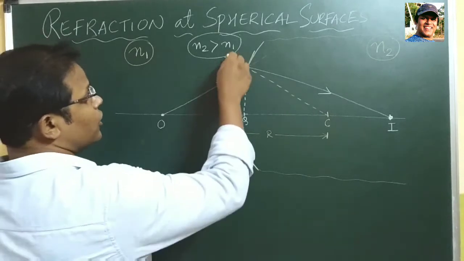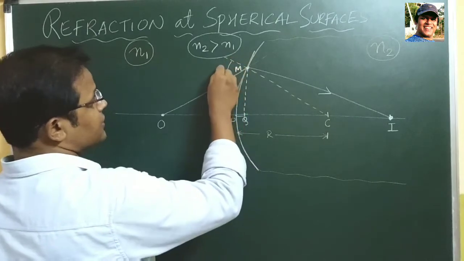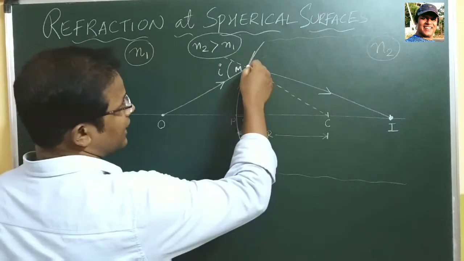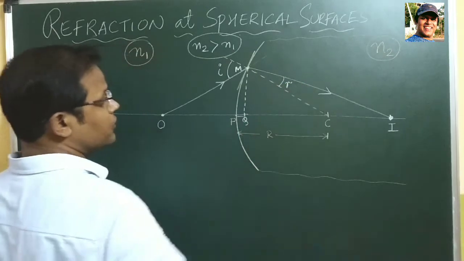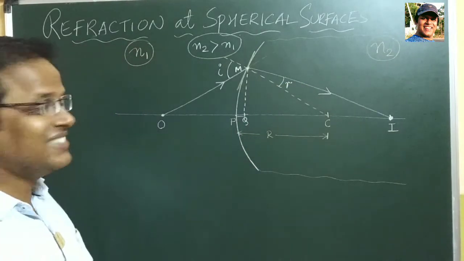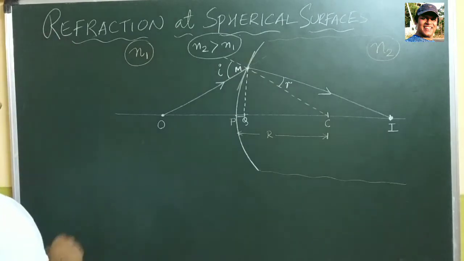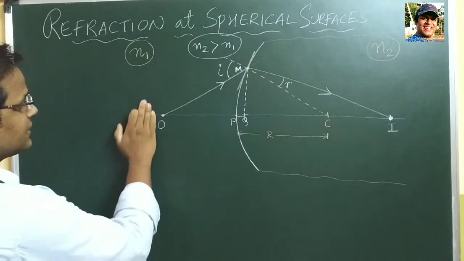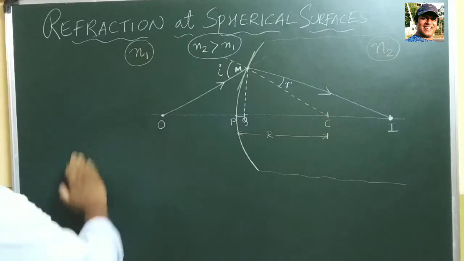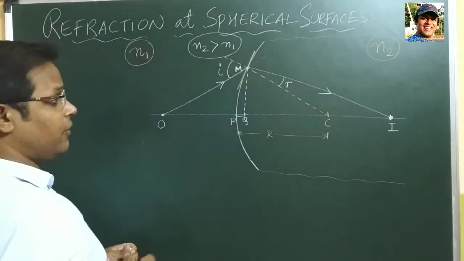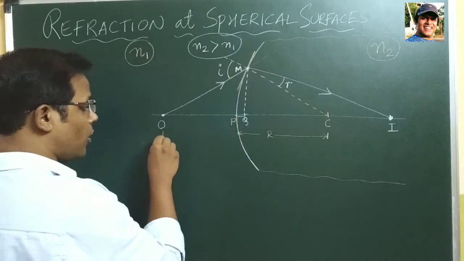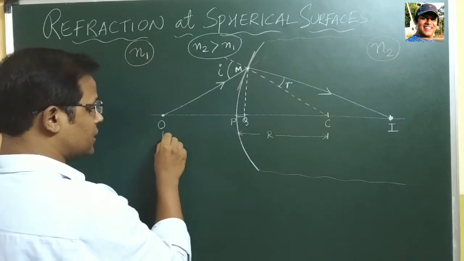The angle between the normal and the incident ray is our angle of incidence. The angle between the normal and the refracted ray is our angle of refraction. Let me get some space to do the maths here. Let us create a relation between N1, N2, the radius of curvature, and the distance of the object from the spherical surface.